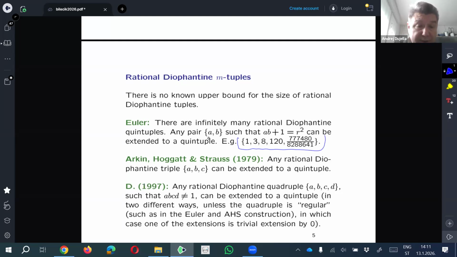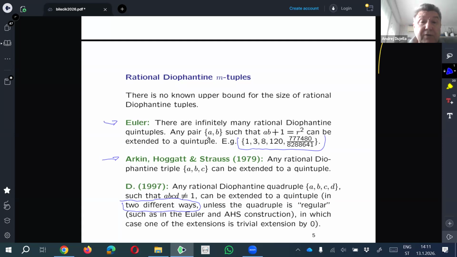What is important for the remaining part of my talk is that my construction gives, in principle, two different extensions, unless the quadruple is regular. In the previous constructions due to Euler and Arkin, Hoggatt and Strauss, the quadruple was regular, so they have only one extension.